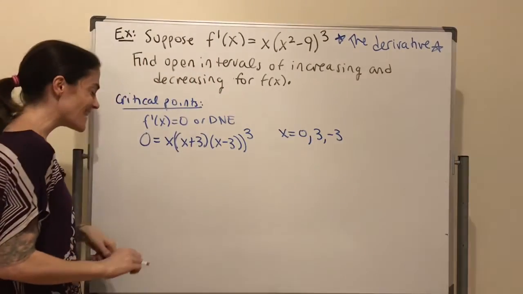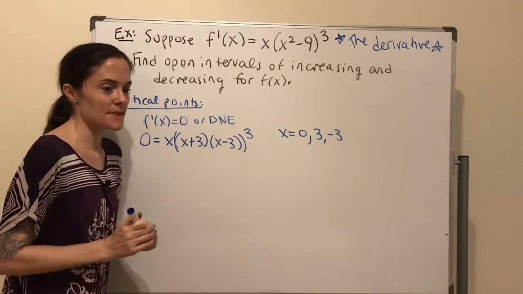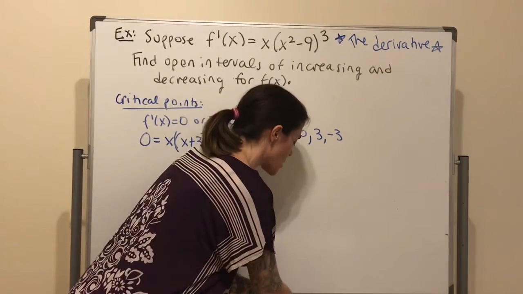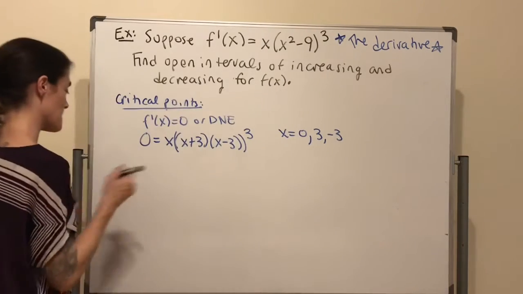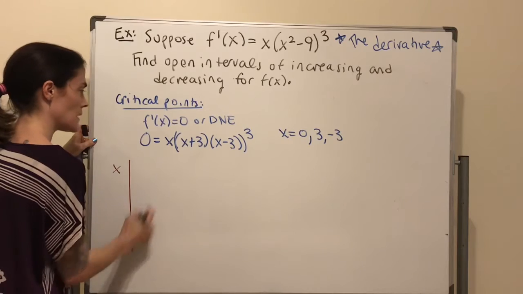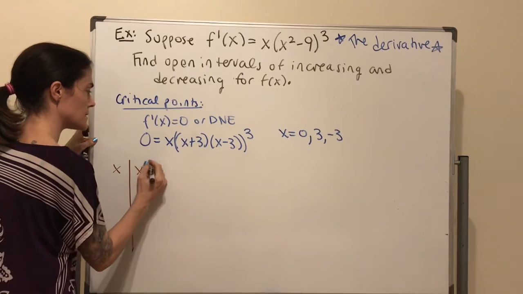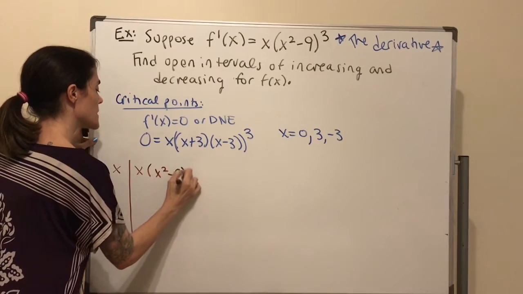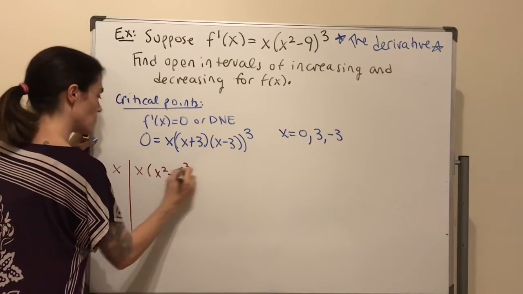Okay, now we're going to do the exact same thing we did in the last problem where we make a little chart. I have x, this, okay, I'll write it this way maybe. I'll leave it as x squared minus 9 cubed.